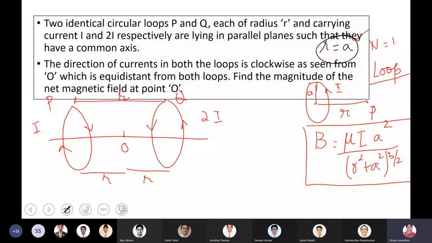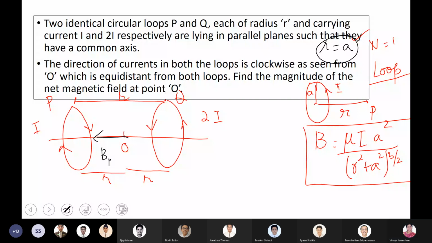Now you have to use your right hand thumb rule. Suppose I'm standing at point O and looking at the loop P, for me the current flows clockwise. So the direction of the magnetic field will be, you have to hold your right hand so that the fingers of your right hand curl in the direction of the current.